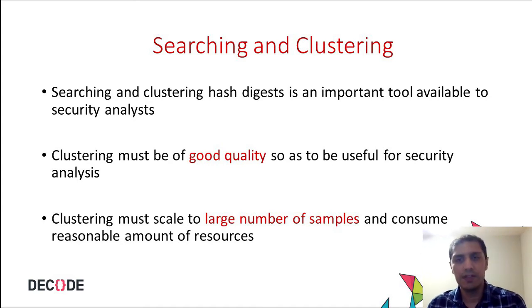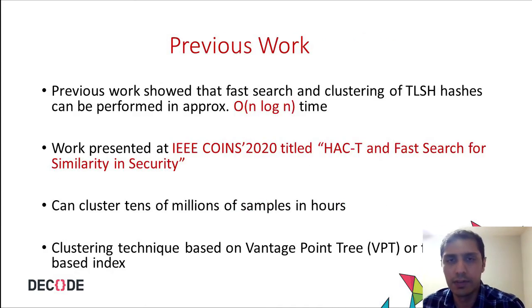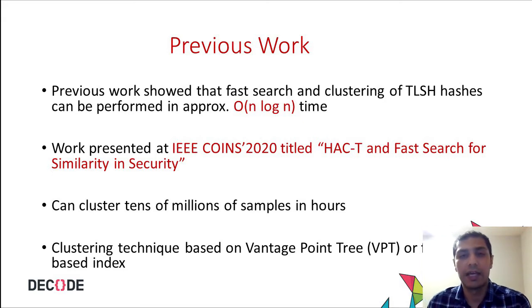There is some previous work that I did with colleagues here at Trend Micro. We published a paper recently in IEEE COINS, called Hacked in Fast Search with Similarity and Security. What we showed in this paper is that we can build a fast search index that can do clustering of TLSH hashes in log n time.